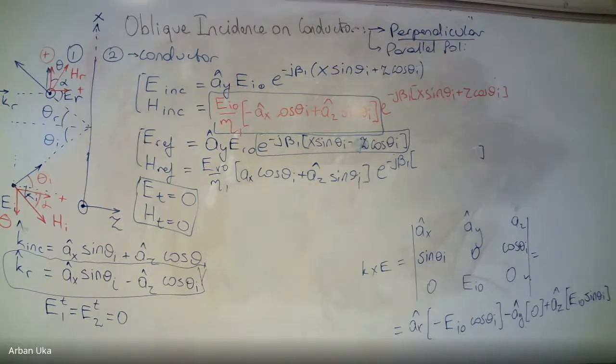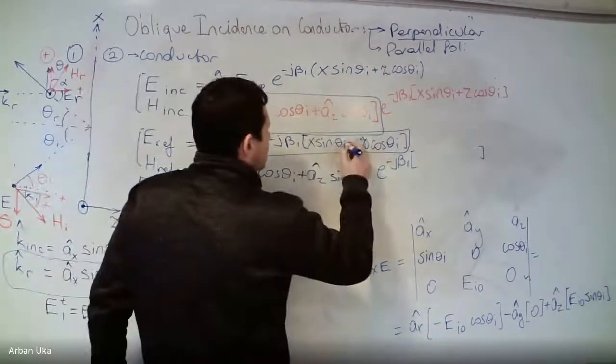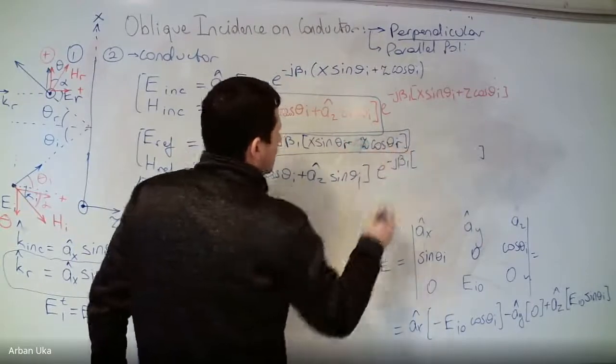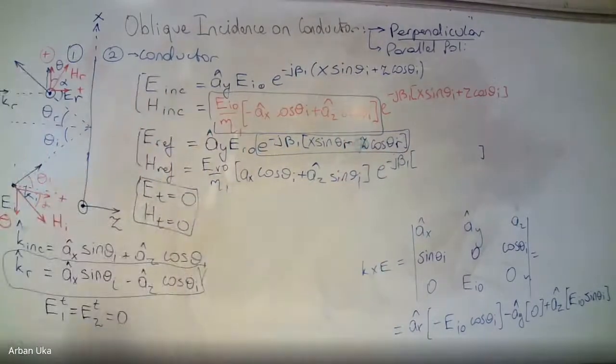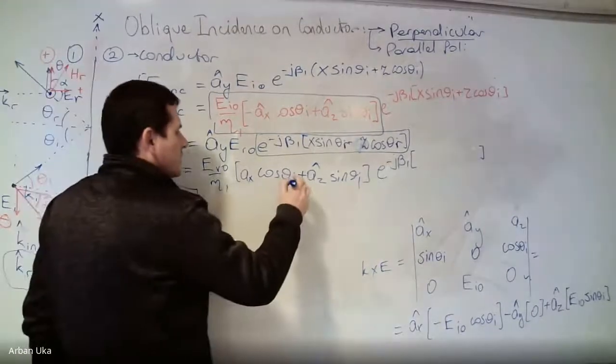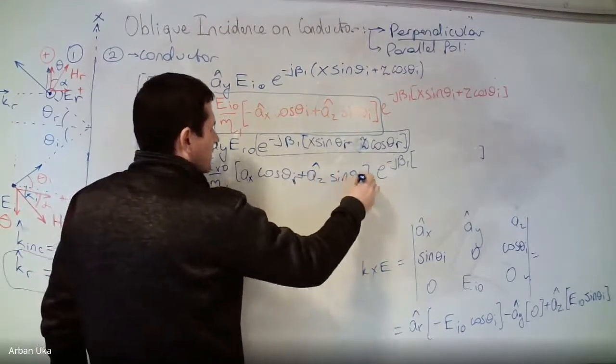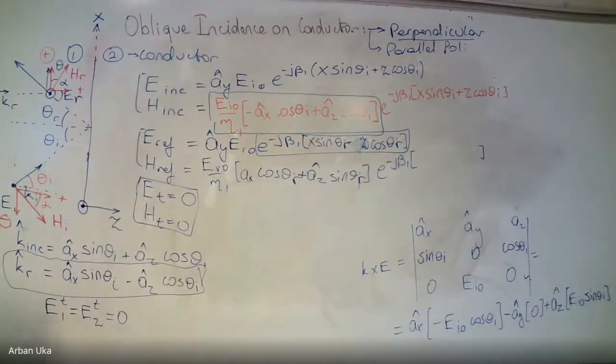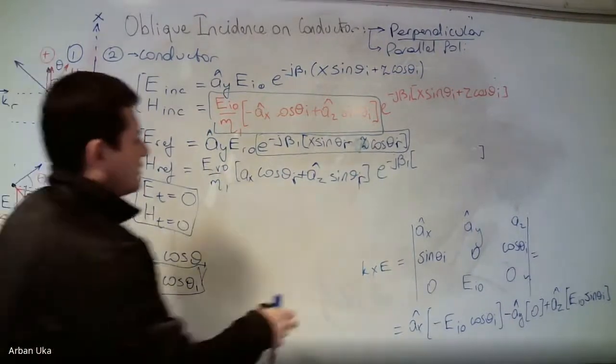Maybe it's best if, for the moment, we write this theta r. Assume that we don't know that the incident angle is going to be equal to the reflected angle. Okay, and then what we need to write down is the following.